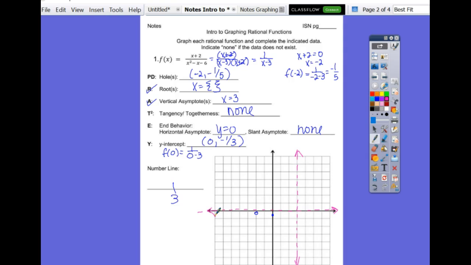All right. So if I test right here, if I test 0, if I put 0, I get a positive over a negative, which gives me negative. So this is negative, so over here has to be positive. And you can test it if you don't believe me, but it is.